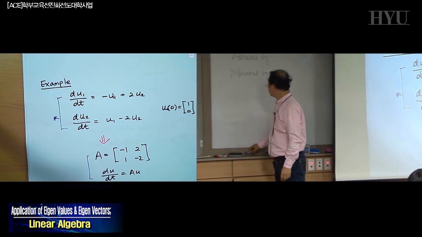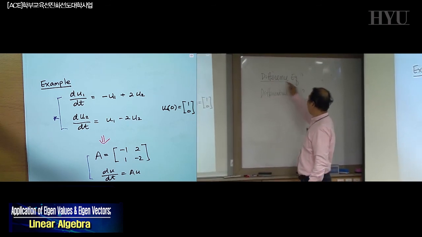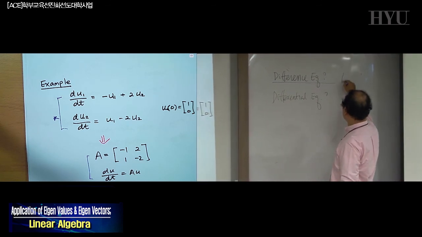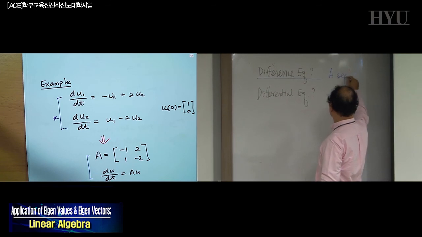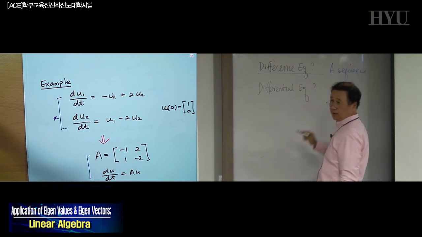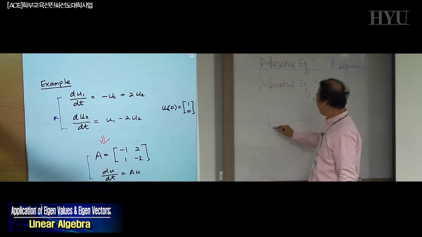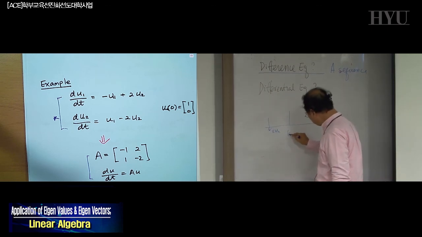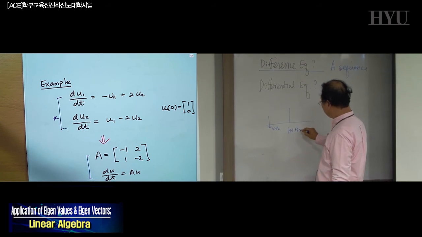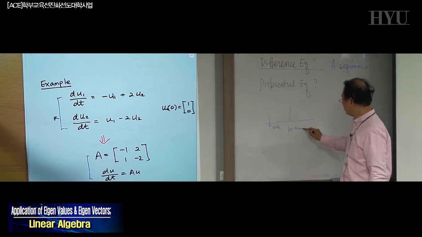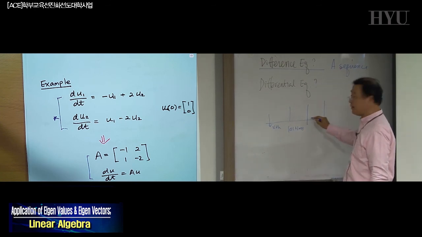Okay. Difference equation is, we are talking sequence. Let's say this is, you may say, k's time, k plus 1's time. It shouldn't be time, but it's okay. But whatever time, it's discrete, right?